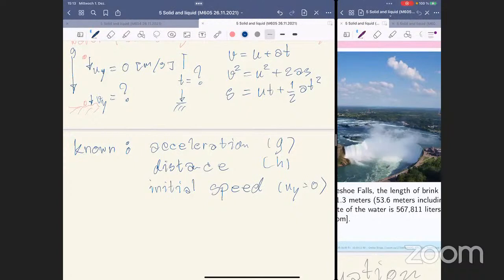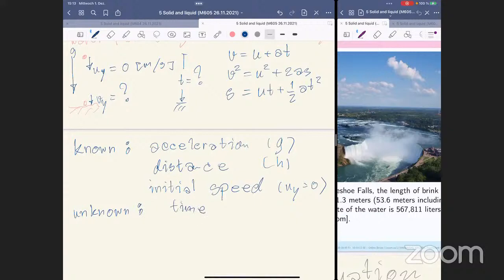And what else? We want to find the time, right? Time is the unknown variable.